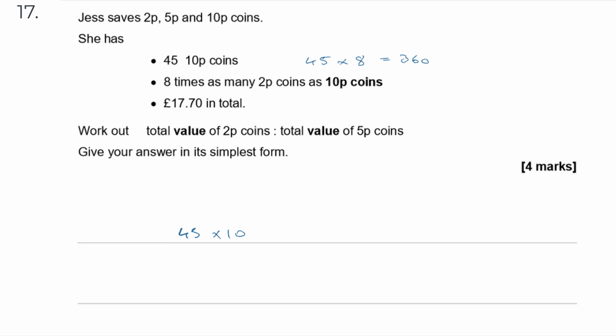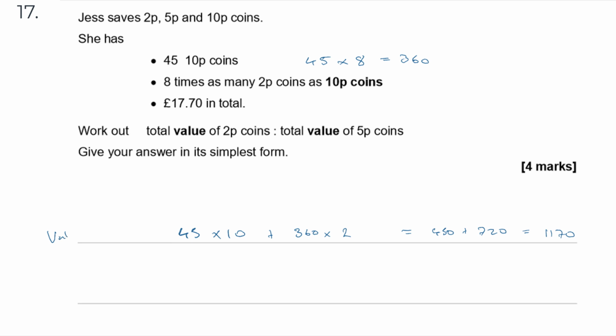So she's got 45 10p coins and 360 2p coins. How much is that altogether then? That is equal to 450 plus 720, which comes to 1,170, or £11.70 worth of change so far. Okay, so that's the amount of 2p's and 10p's she's got.